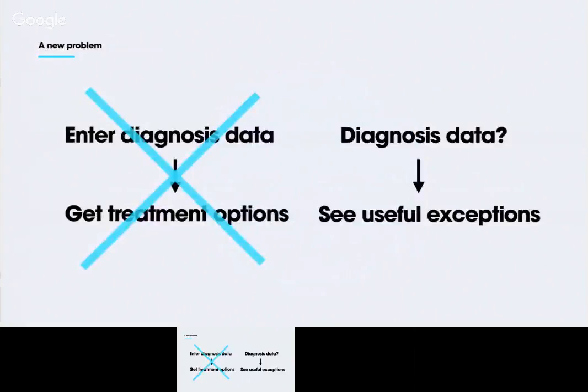And so you might move to a different scenario. Instead of going from entering diagnosis data to getting treatment options, you might move from something passively collecting diagnosis data and then showing useful exceptions.